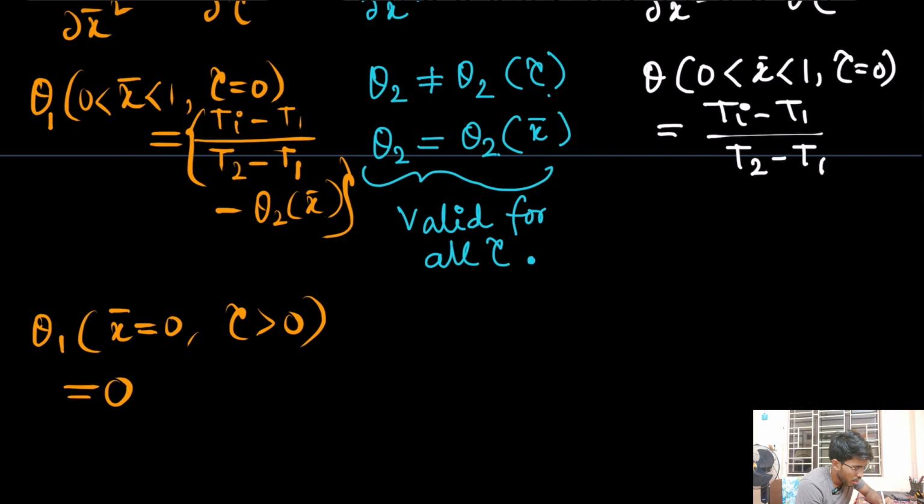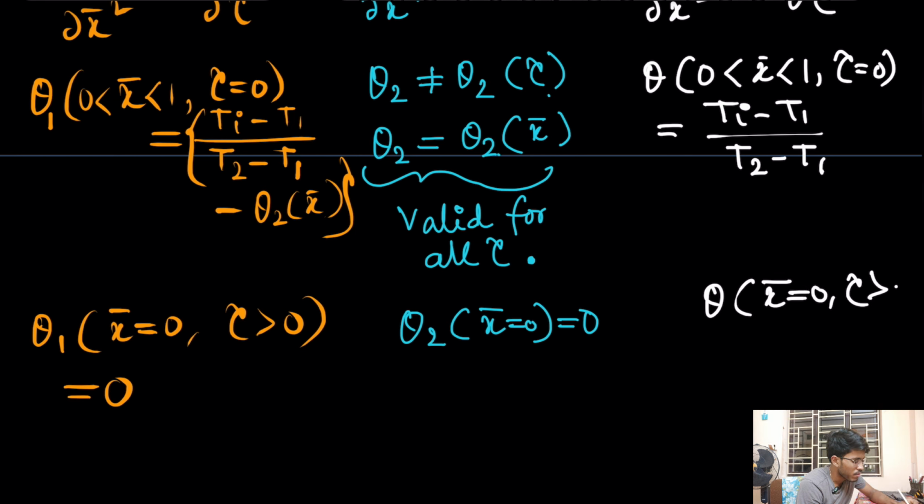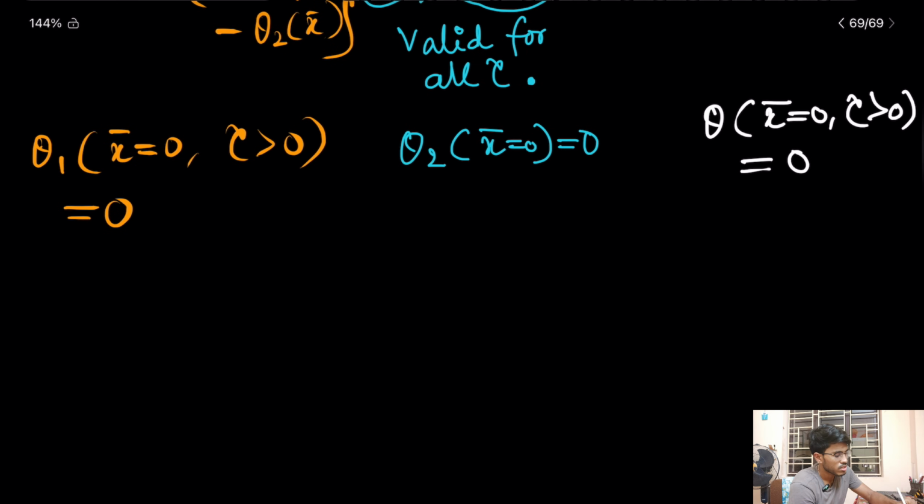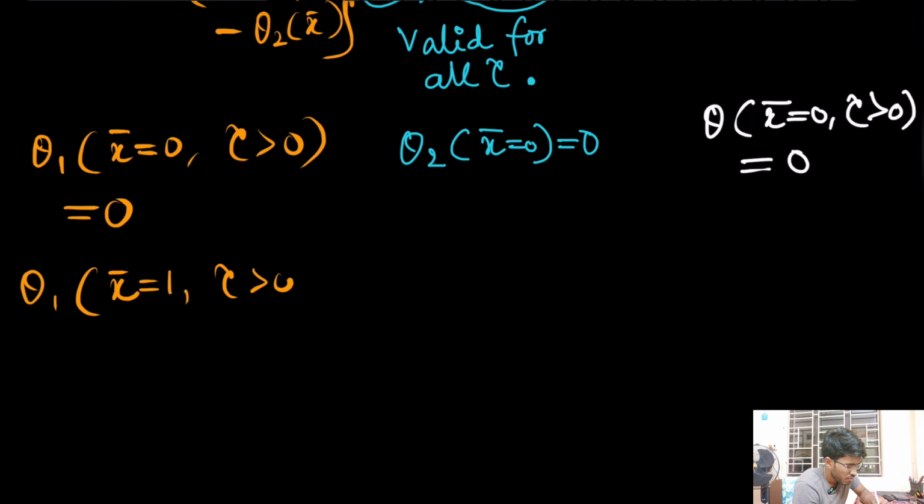Now I will have this as also 0, and then if I add these two, then I will not have any problem in writing this. Clear? Now my second boundary condition is this as 1 for all tau greater than 0. So this will be what?